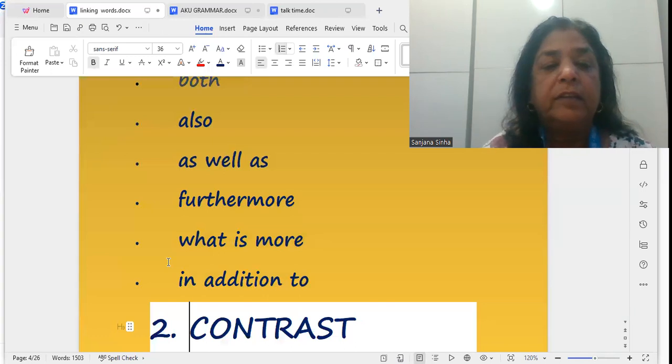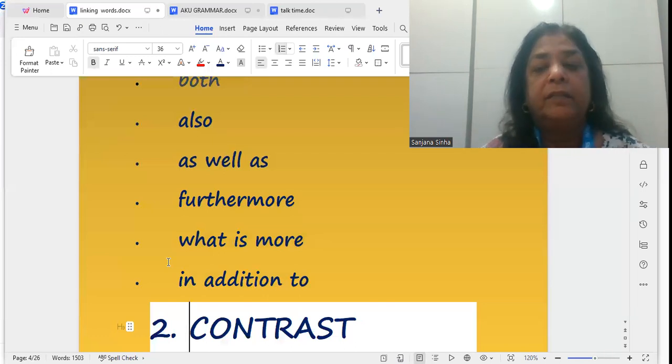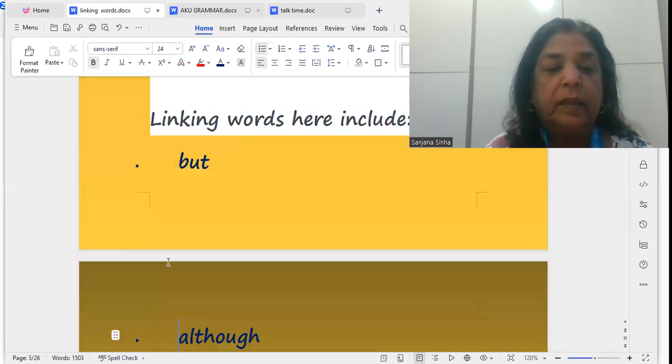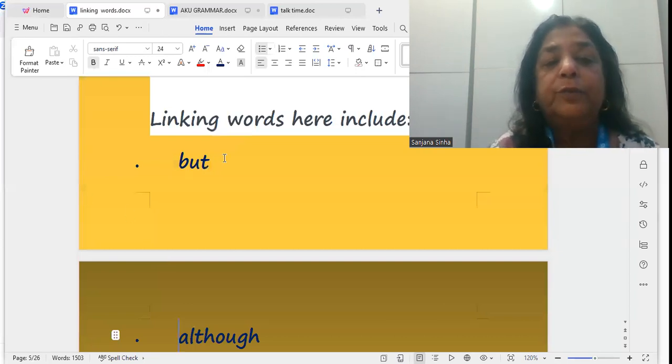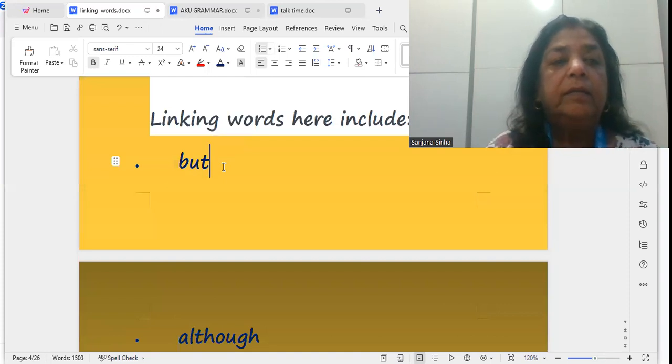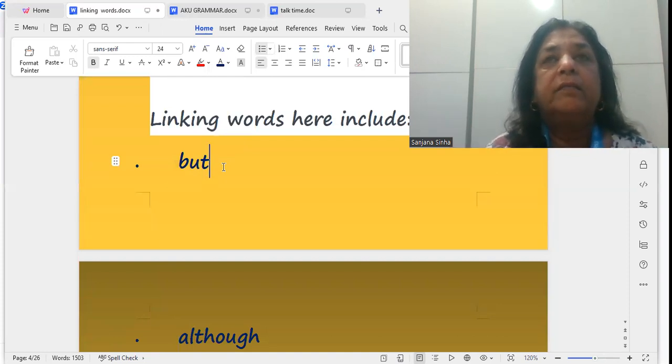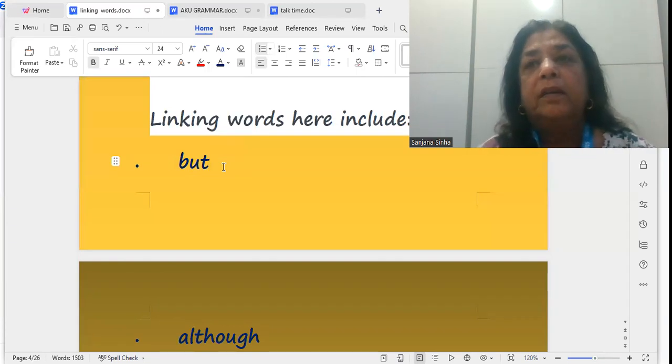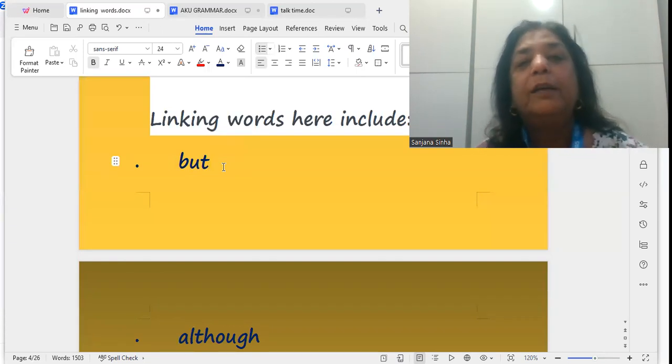The second is contrast. When you are comparing and contrasting, linking words which compare and contrast. The first word which you know is but. The meaning of but is like she is good, but her sister is a little dull.